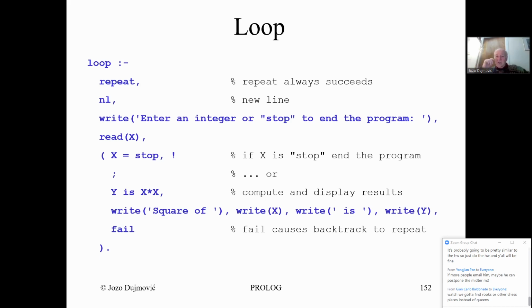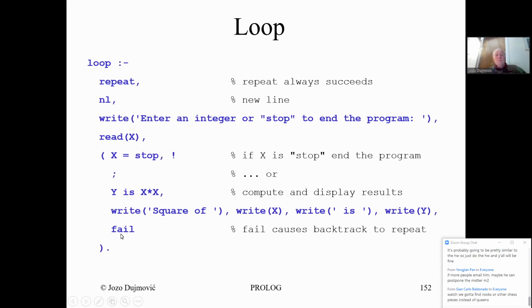That means this is a command that tells the search engine, you have to go back and try to find another solution because this failed. And this unconditionally fails. And so when I have a program that has various lines, if I have fail here, fail is going to force me to go back.